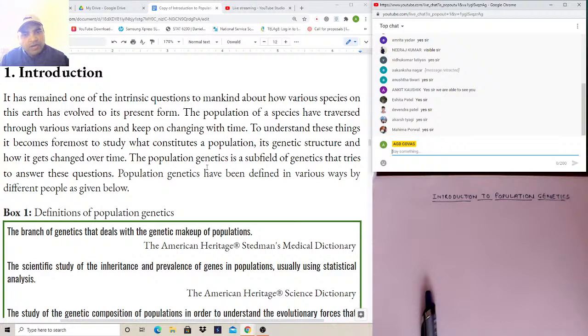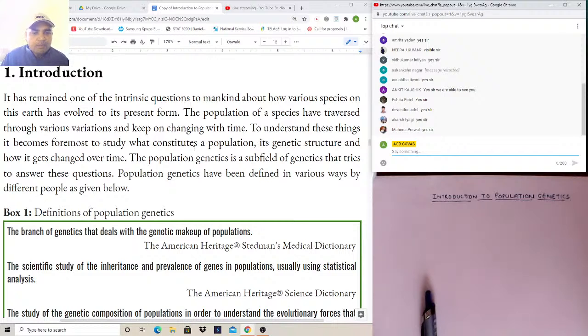At one point of time, this species traversed through various variation, and it keeps on changing with time. To understand this, it becomes foremost to study what constitutes a population, its genetic structure, and how it changes over time.